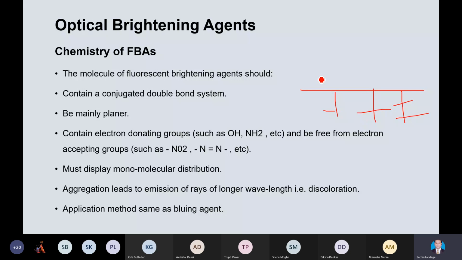Another thing required in OBA is an electron donating group, like an OH group or NH2 group. There must also be electron accepting groups, like NO2 and the azo group.